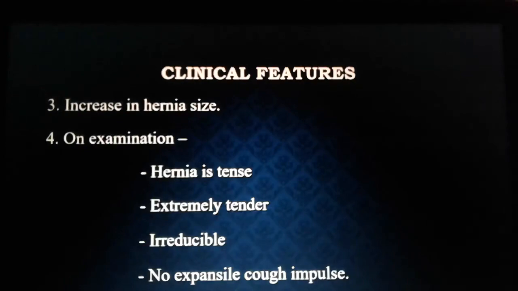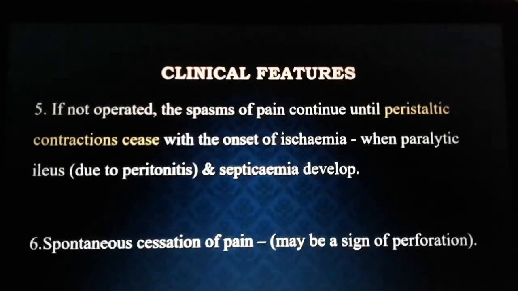And when paralytic ileus is there, after perforation leading to peritonitis, septicemia is the next stage. Septicemia develops. Septicemia is a very dangerous condition. Most of the patients' deaths in these late presentations of strangulated hernia are because of this septicemia.